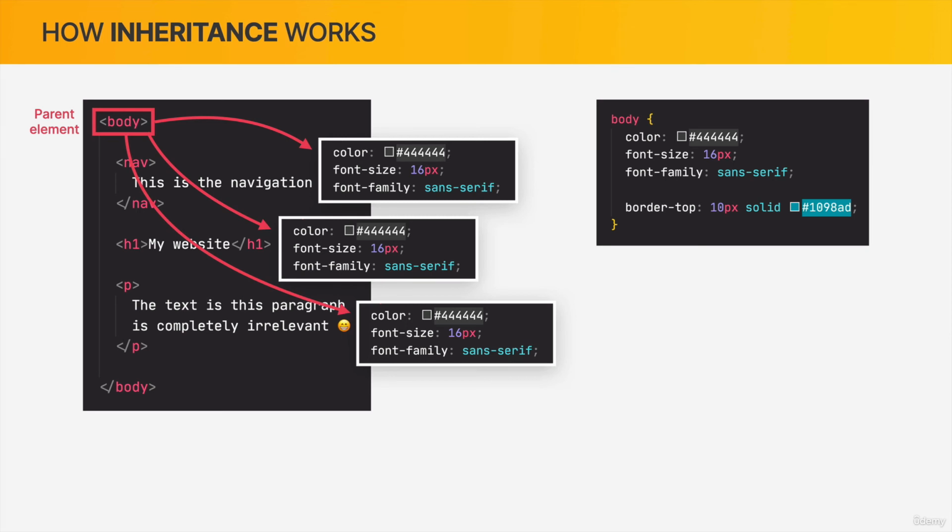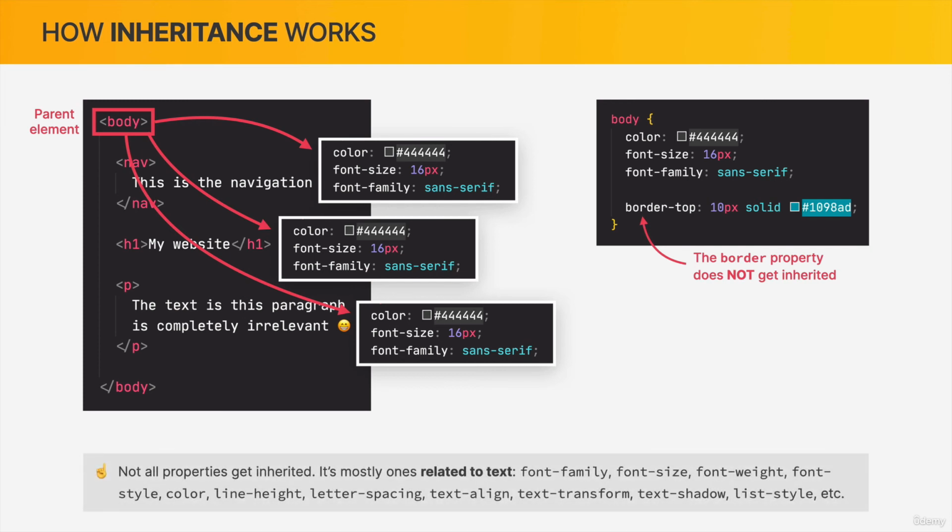And again, all these three properties are basically related to text, while on the other hand, the border property does not get inherited. So not all of the properties do get inherited, but it is mostly the ones related to text. And I have a big list of many of the properties that do get inherited, so you can take a look at them if you'd like.